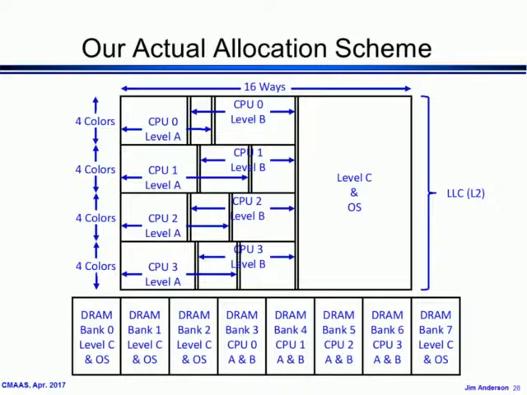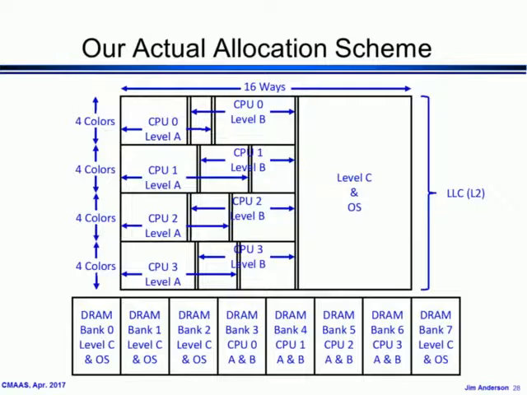And this is the real way it looks. So this figure is a little bit busy. What I'm showing you is how the LLC, the last level cache, is divvied up at the top, and how the DRAM banks are divvied up at the bottom. So the way the cache is divvied up, some subset of the ways and all of the colors are given over to the soft real-time level C in the operating system.